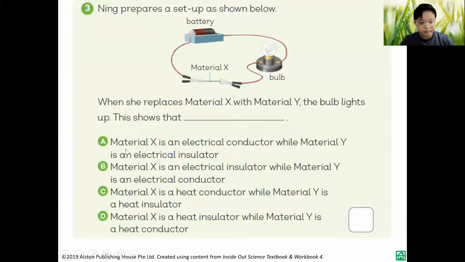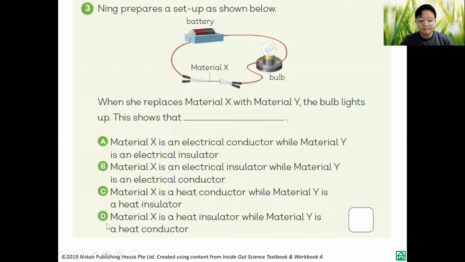A, material X is an electrical conductor, while material Y is an electrical insulator. B, material X is an electrical insulator, while material Y is an electrical conductor. C, material X is a heat conductor, while material Y is a heat insulator.